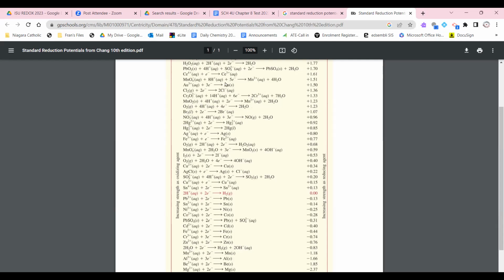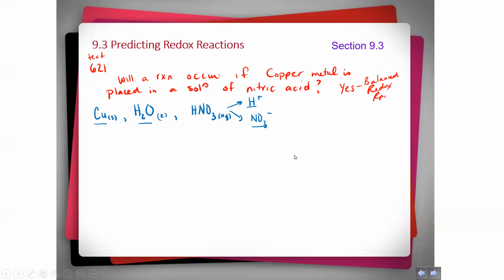So you're going to take your table and identify which one is the strongest oxidizing agent and which one is the strongest reducing agent. If I look at all four of those entities, I will see that the oxidizing agents are going to be the NO3 minus, the H plus, which is listed as an oxidizing agent, and water is an oxidizing agent.